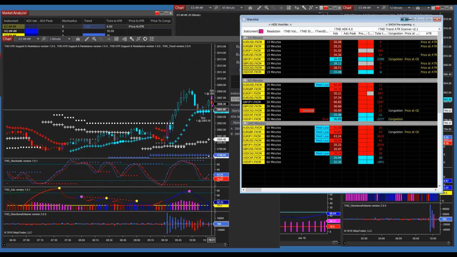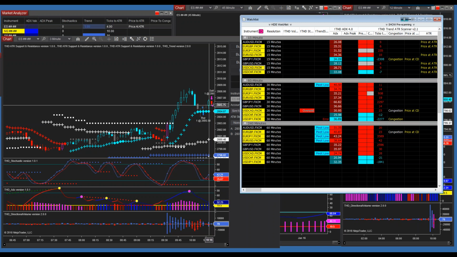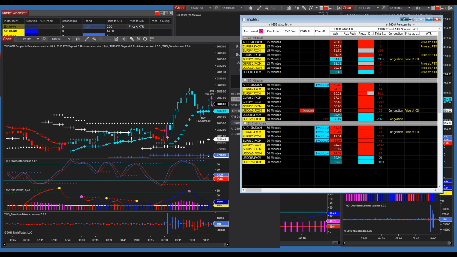Now, you can see that I just got stopped out of that, but it did not cost me anything. I covered the cost of my trade. Do y'all see that?